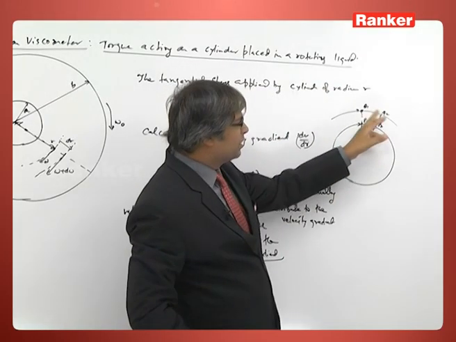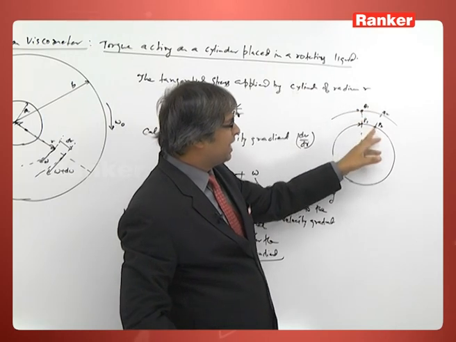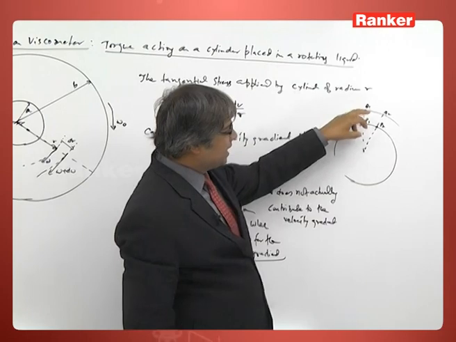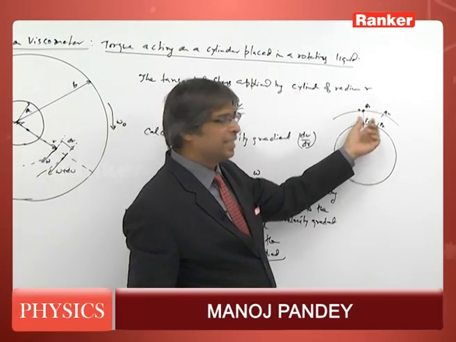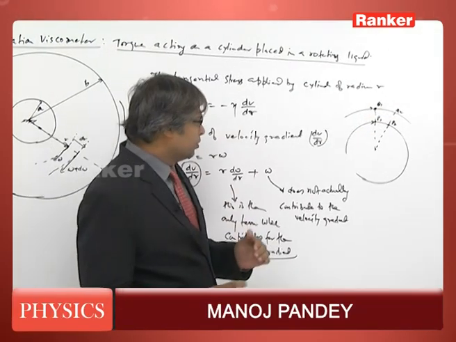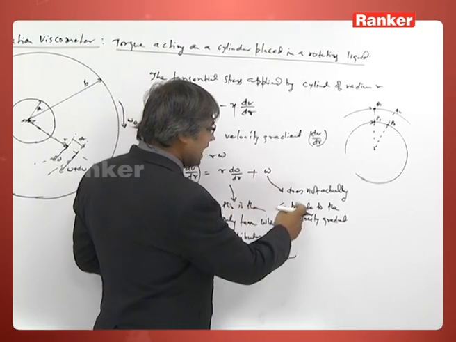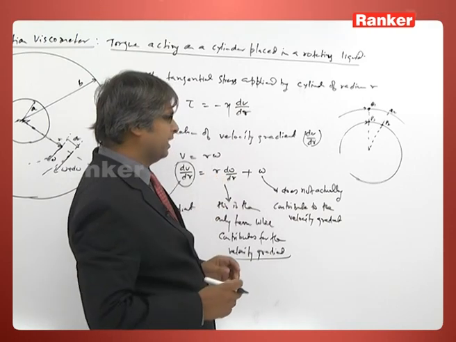So although they have traversed different distances, they have different linear velocity, but there is no velocity gradient, there are no stresses involved. Let us see why this omega does not actually contribute to the velocity gradient.